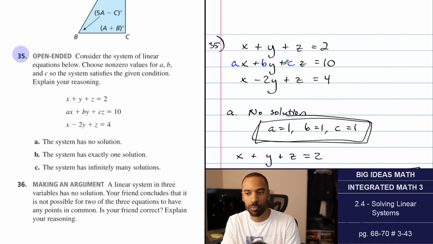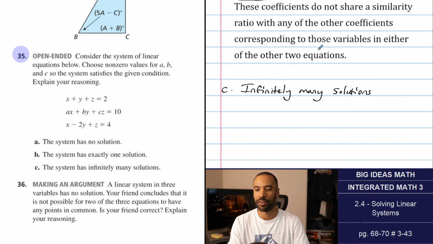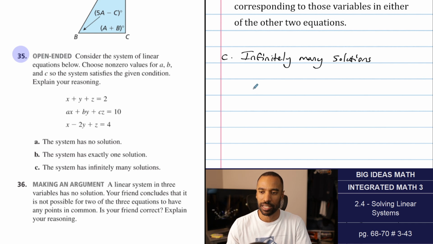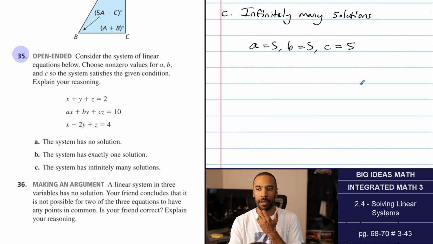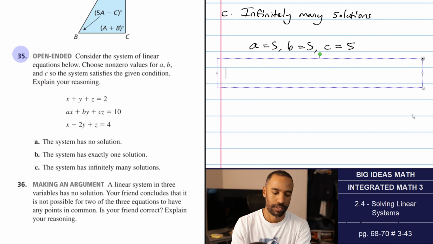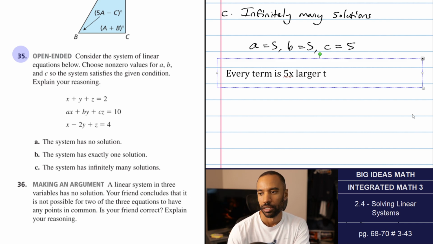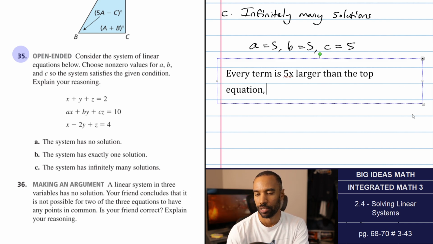If A, B, and C were 5, then these would be 5 times bigger, 5 times bigger, 5 times bigger, 5 times bigger. Everything would cancel and become 0. I'd get 0 equals 0. That's an infinitely many solutions case, and that's a good, easy example of one. A is 5, B is 5, C is 5. Every term is 5 times larger than the top equation.